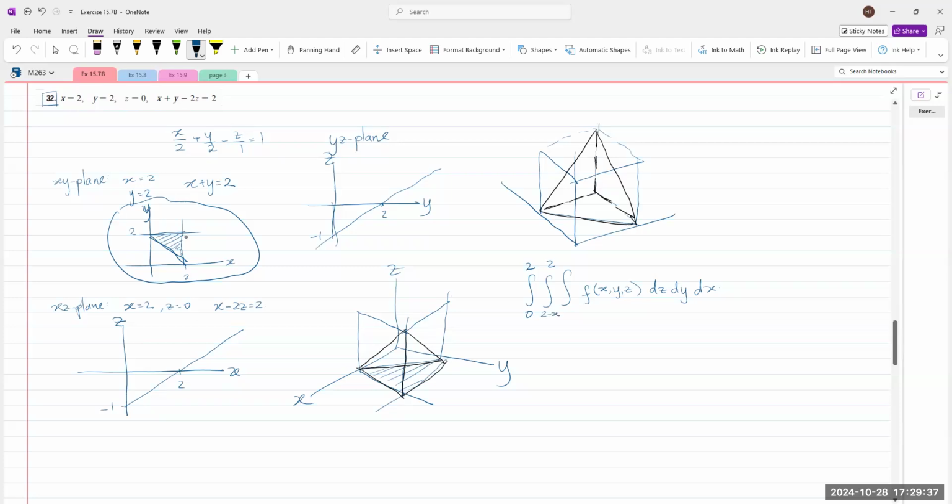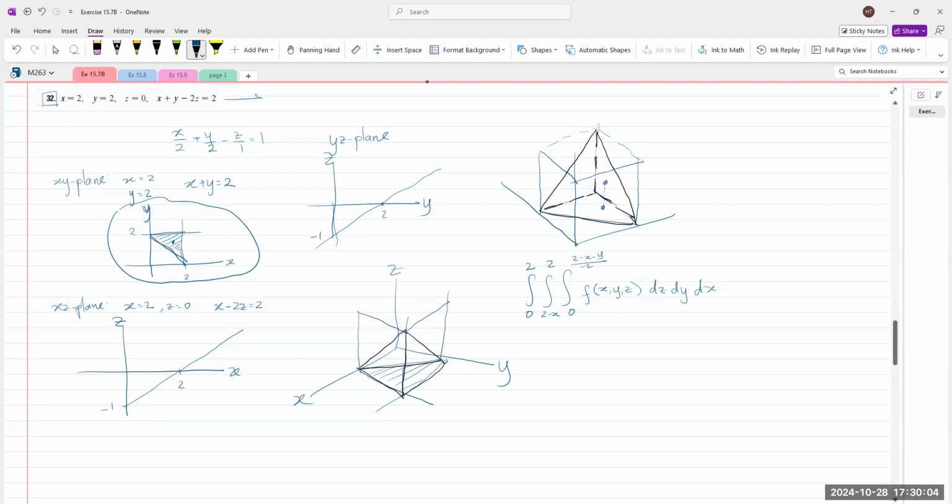And then for any xy coordinate that we pick, z will go from 0 to the plane z equals (2 minus x minus y) over -2.